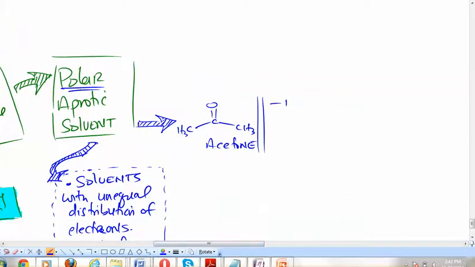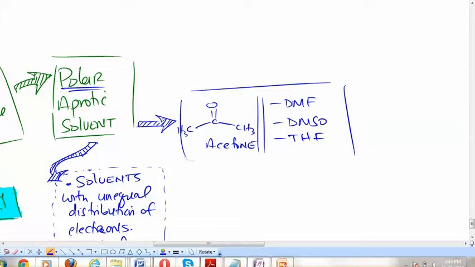If you see DMF, DMSO, and then we can have THF here. All these are examples of a polar aprotic solvent.